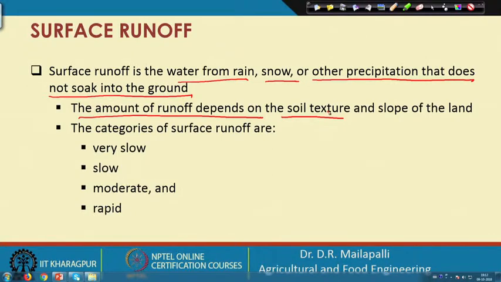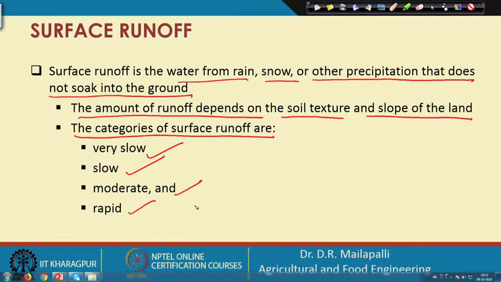In sandy soils the abstraction will be more, that means infiltration will be more, and you will see less runoff. Increasing slope increases the water flow and then increases the runoff. The categories of surface runoff are very slow, slow, moderate and rapid.